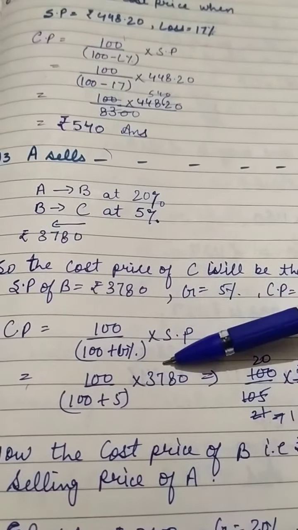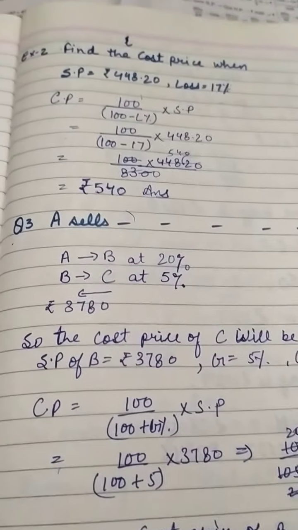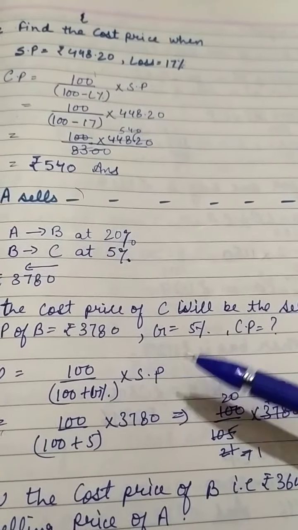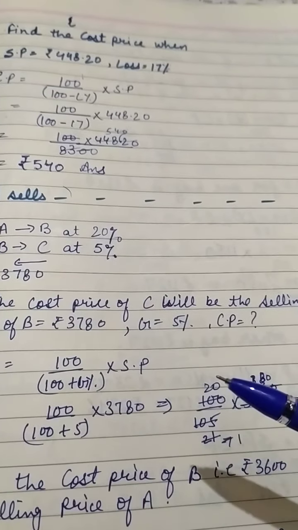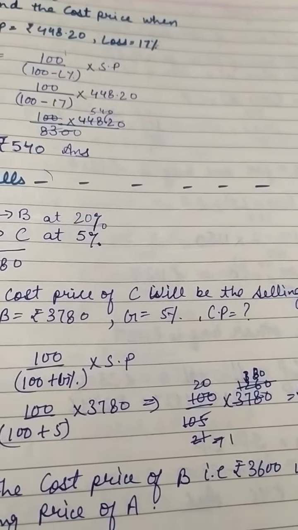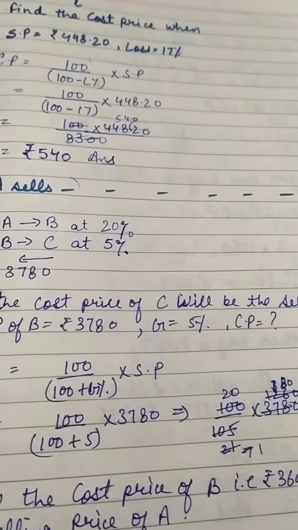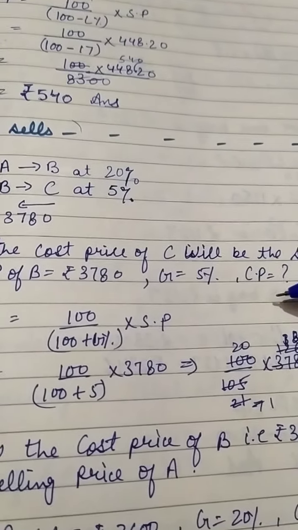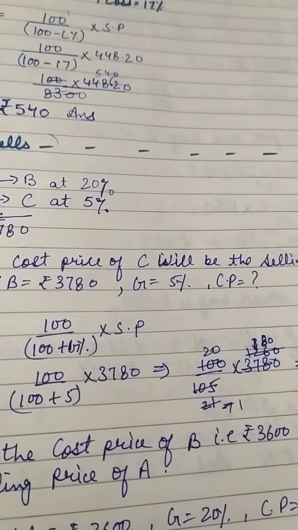So again put the formula, you can do directly 100 upon (100 plus gain percent) into SP. This you can do with another method also. Before, in the previous exercise, we did gain percent equals gain upon CP into 100, but for that we don't know the CP, so we have to assume the CP as x.